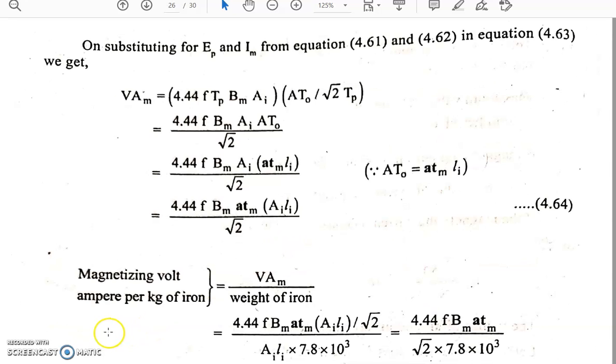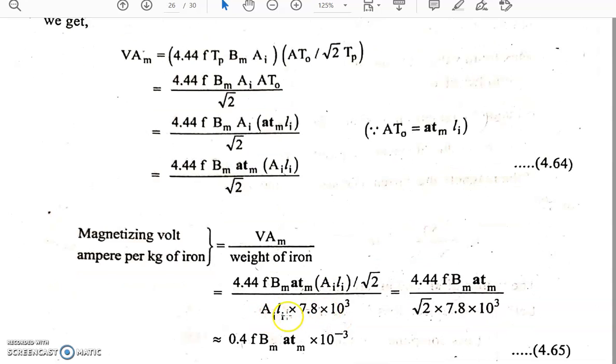And so the magnetizing volt ampere per kg of iron is the magnetizing volt ampere VAm divided by the weight of iron. The weight of iron is Ai Li into 7.8 x 10^3.